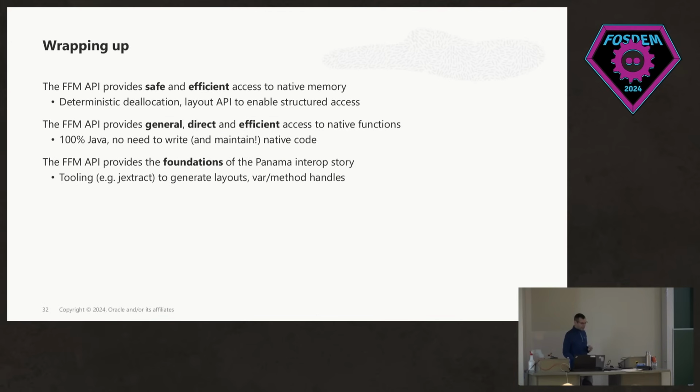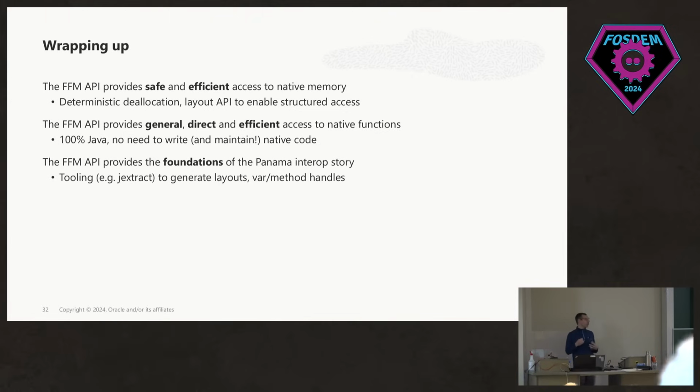So wrapping up, FFM provides a safe and efficient way to access memory. We have deterministic deallocation, we have layouts to describe structs, so it gives us the ability to describe the content of the memory that we want to work with, and then get var handles to access that memory in a much more robust way.